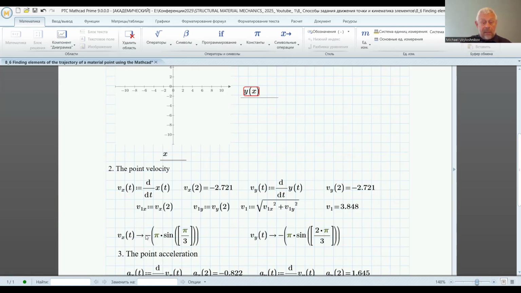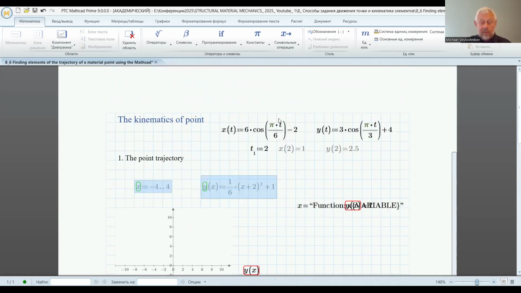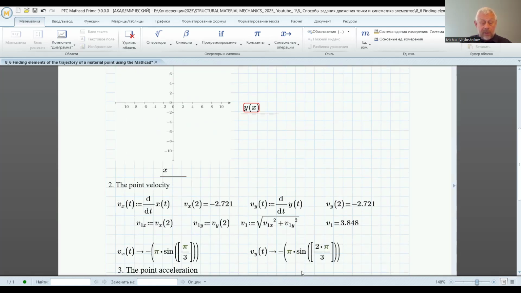The Mathcad computer algebra system allows us as well to find the analytical decision: not the magnitudes of the components for the assigned time moment, but the analytical dependence for the assigned formulas.